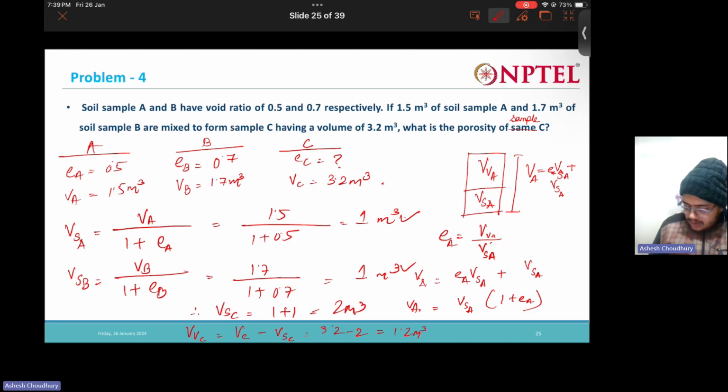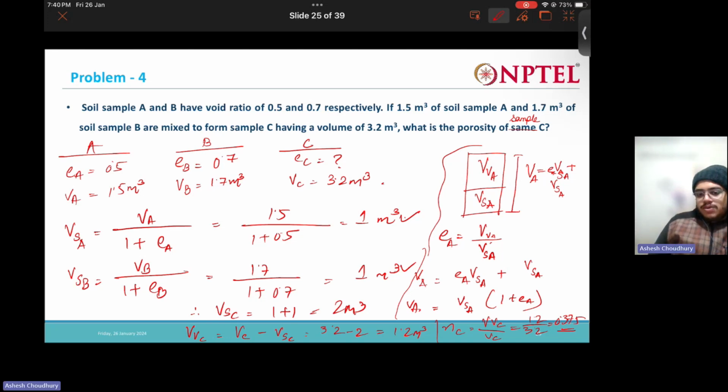Done. So now finally I can get the porosity. N of C is nothing but volume of voids of C by volume of C, 1.2 by 3.2, and 0.375.